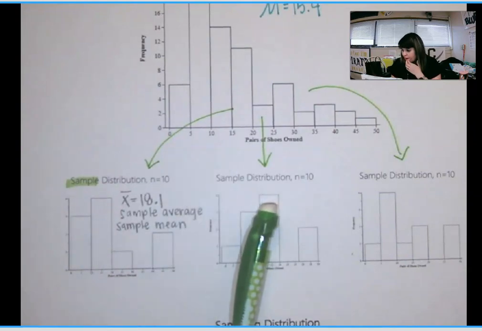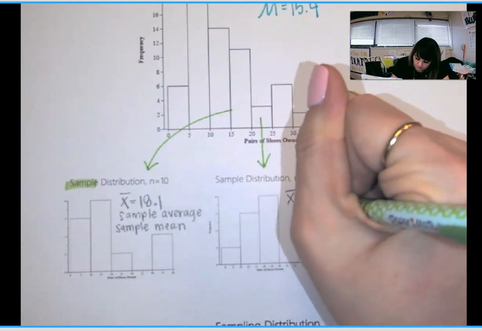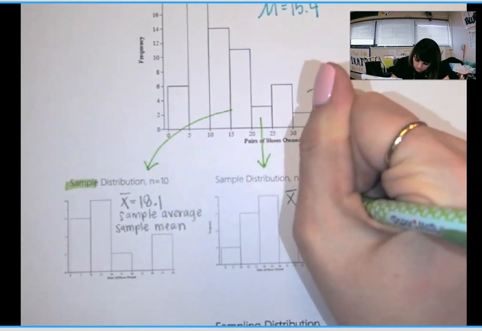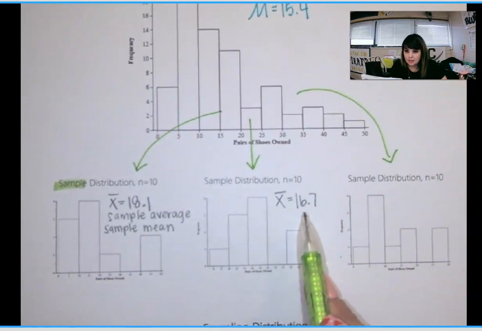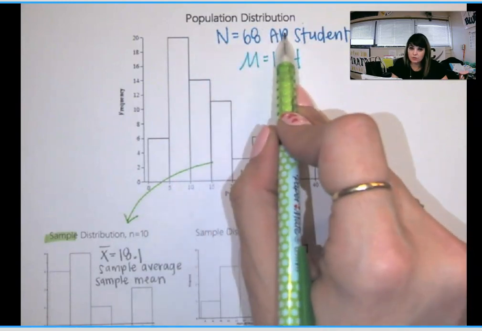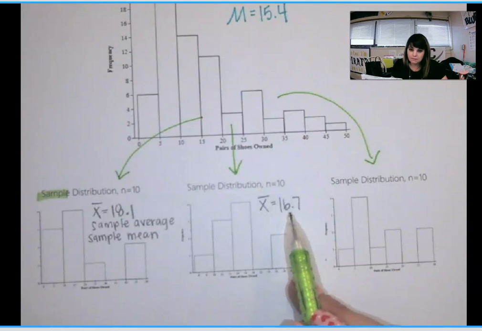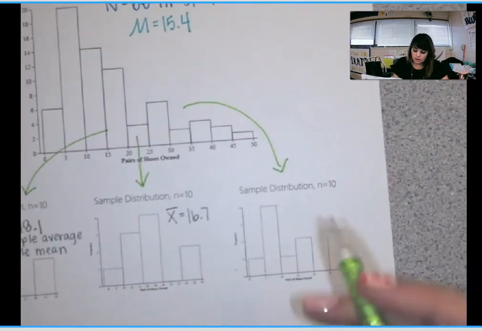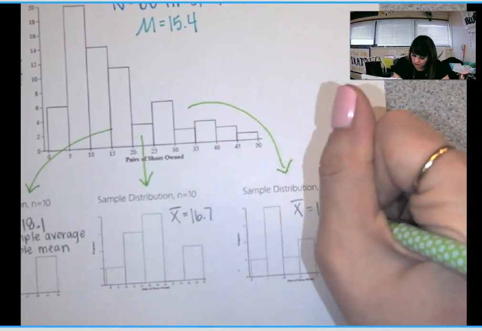This sample average is 16.7. So if this were the only sample that I took, my estimate for the average pairs of shoes these kids own is about 16.7. This one gives me an estimate of 13.2.